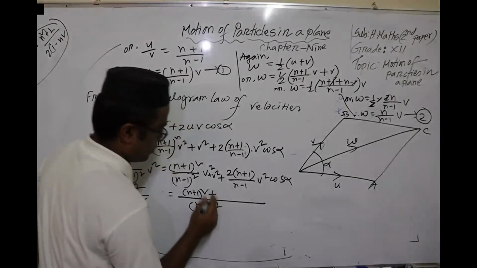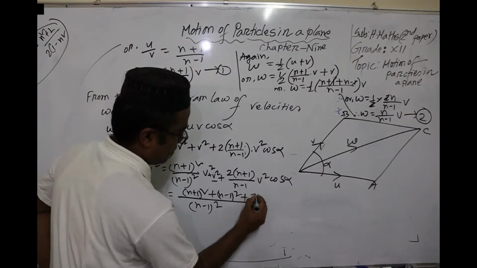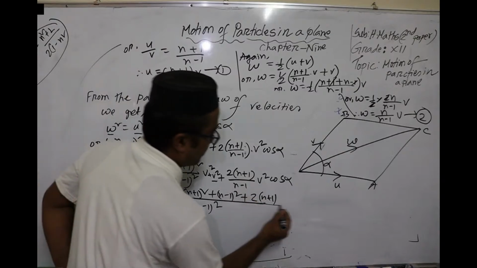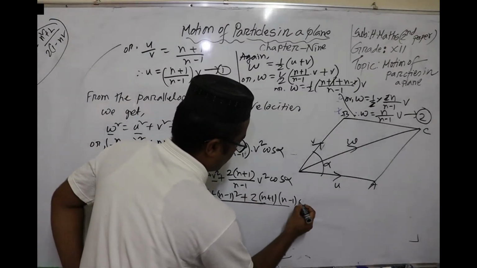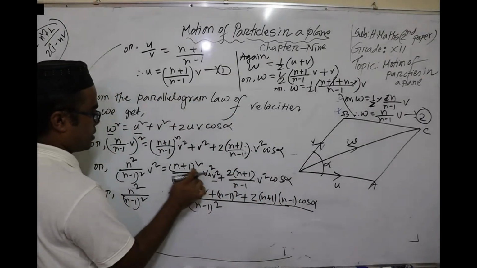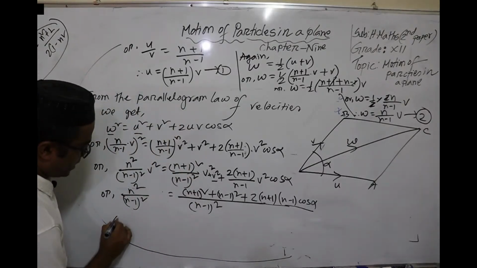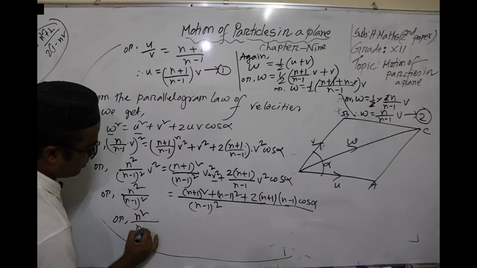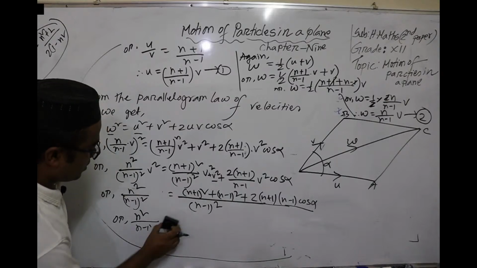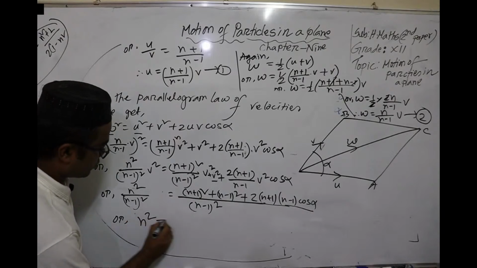Clear. So this one directly multiply (n minus 1) whole square plus 2 into (n plus 1). If we divide this one by that one, we will get n minus 1. So cos alpha. Taking this square common here, here, and here, then here also, so this one goes to cancel. Or n square, n minus 1, and n minus 1 whole square is here, so we can cancel this one, only you can write n square.